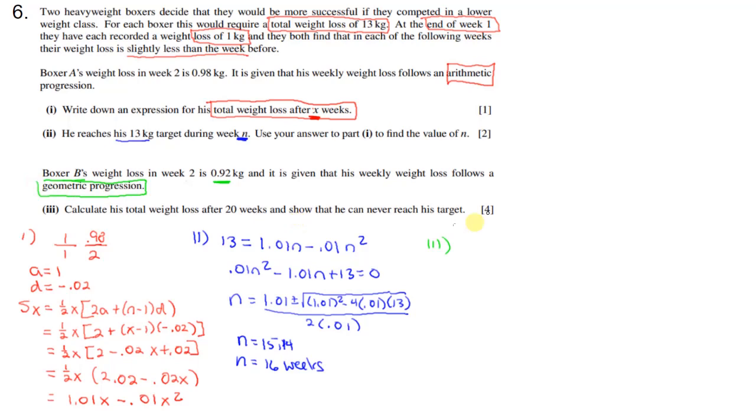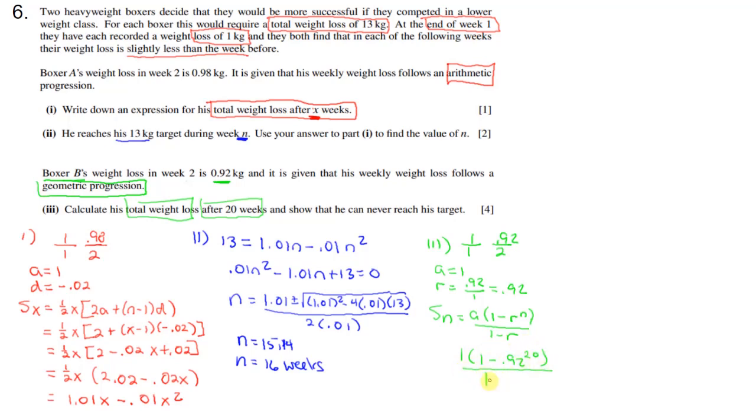Now Boxer B, his is a geometric progression. So we have to find R, and all we have to do is divide 0.92 by 1, which is very easy. It's 0.92. Now they want us to calculate the total weight loss for 20 weeks. So I use this formula: 1 times 1 minus 0.92 to the 20th, all divided by 1 minus 0.92.